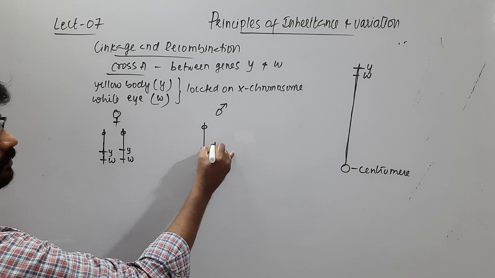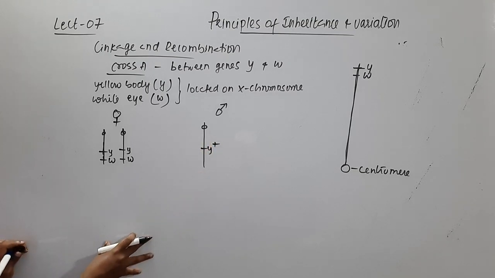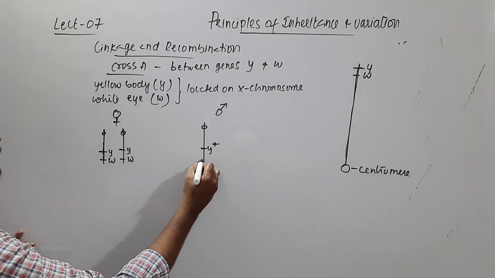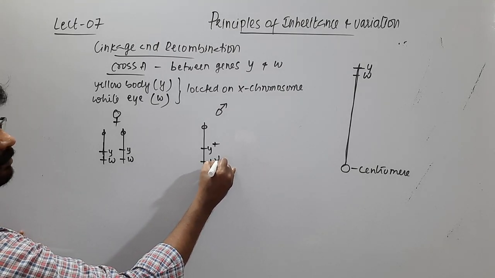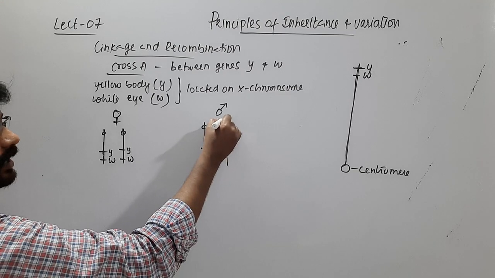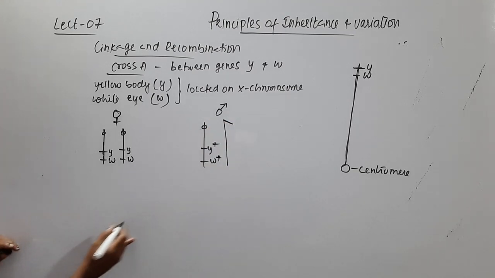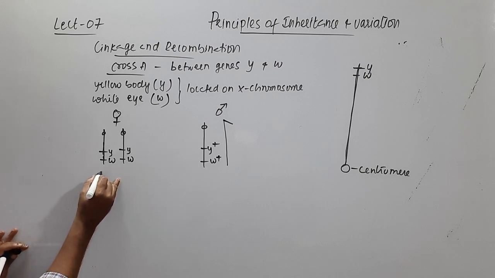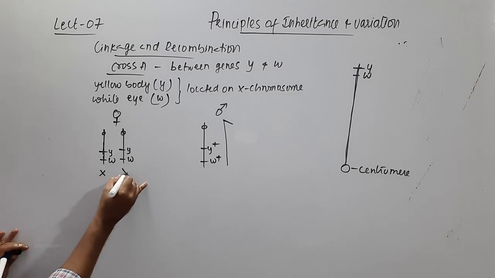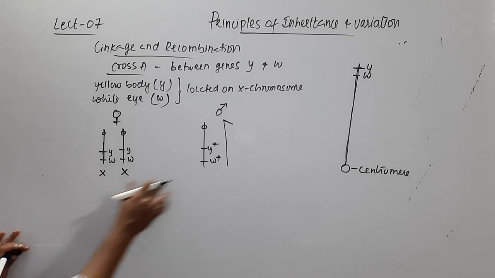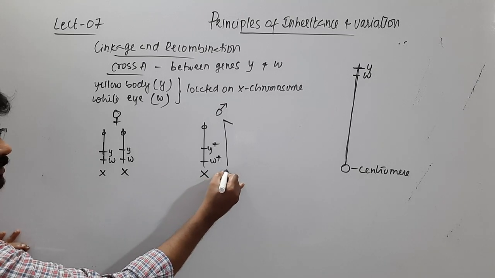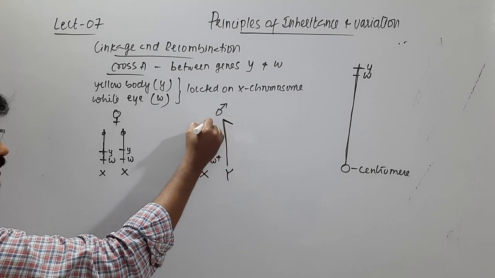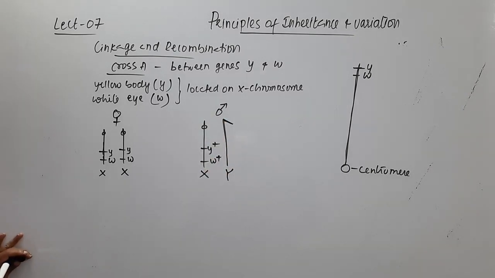So here this is a wild type, so hence I'm going to mention it with the plus in the superscript. Earlier I have told, okay, so this is W plus, and this is the Y chromosome. Female will have two X chromosomes, so this is X, X, right? And this is the X chromosome, and this is the Y chromosome. This Y chromosome I mentioned in this way.